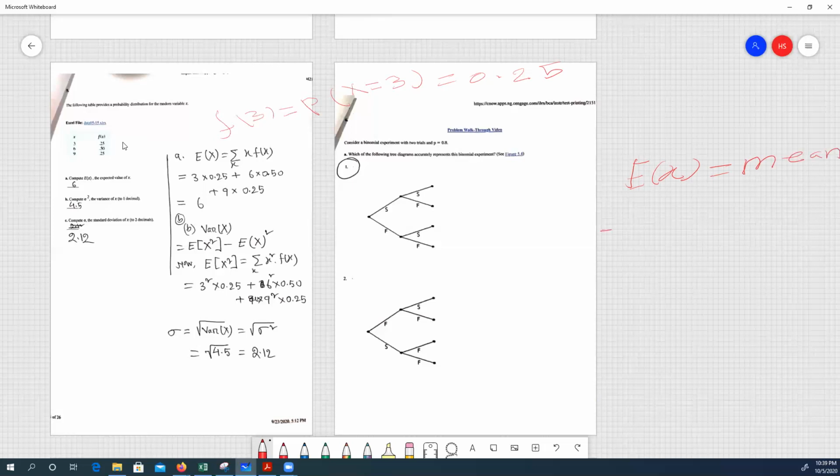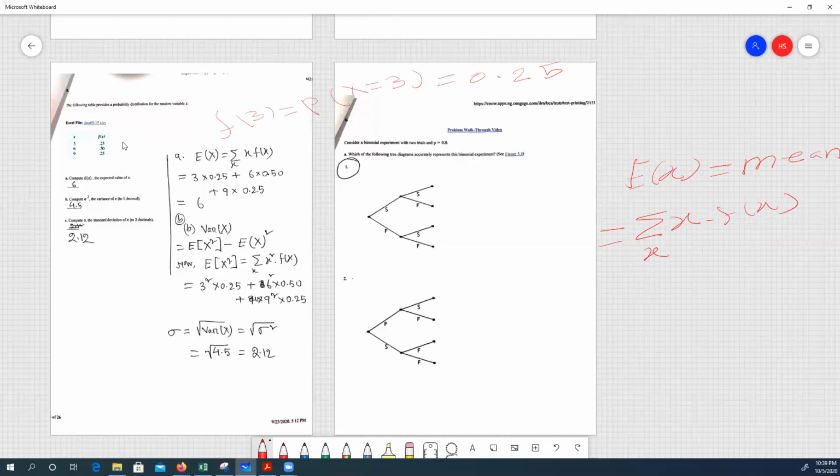Okay, so the formula for this one is the summation of x, this is called sigma x, times f of x. That means you have to multiply the value of x with the probability of x, and then add them together.